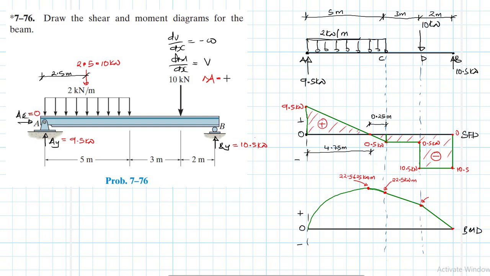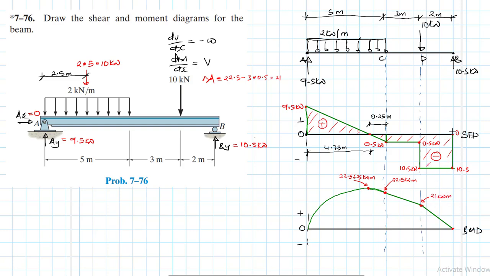So this is going to be equal to 22.5 minus 3, that's the area for this one. Okay, 3 times 0.5. What do we get? 22.5 minus 3 by 0.5. So we get a 21. So this one we expect it to be 21 kilonewton meters.